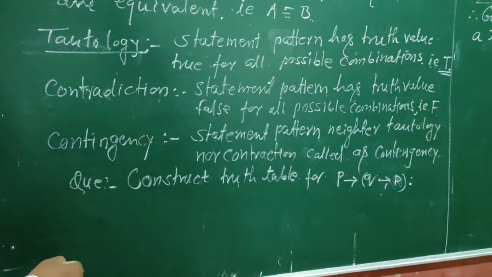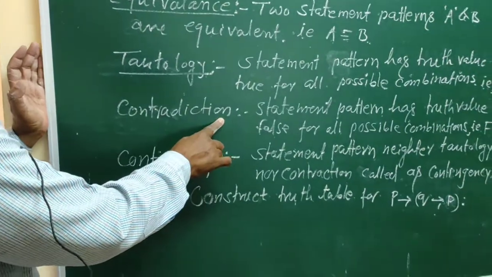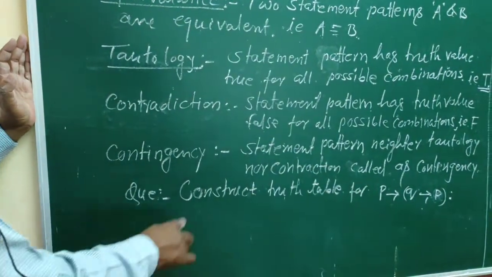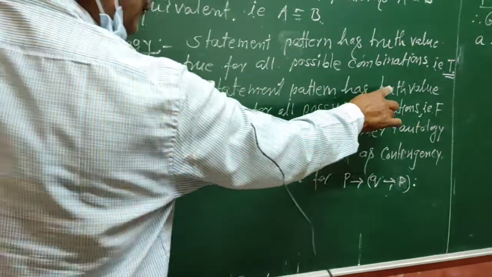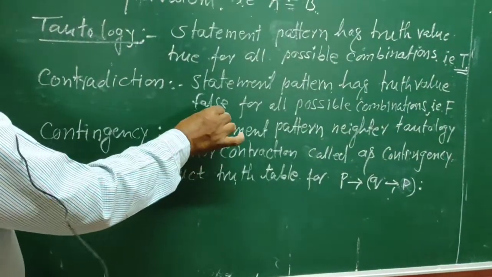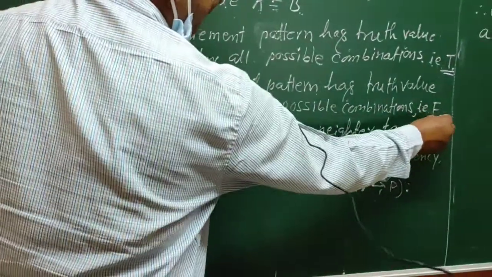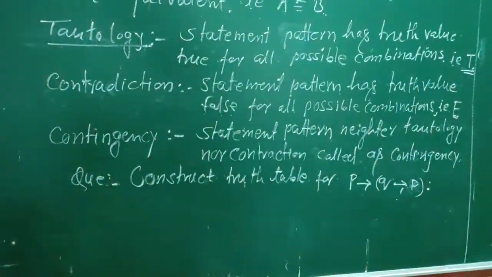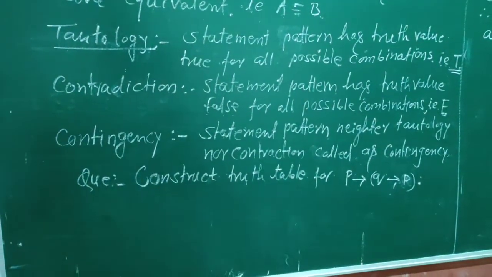On the same basis, we can define the contradiction. What is meant by contradiction? Again we define: if the statement pattern has truth value false for all possible combinations, that is F, then the statement pattern is called a contradiction.